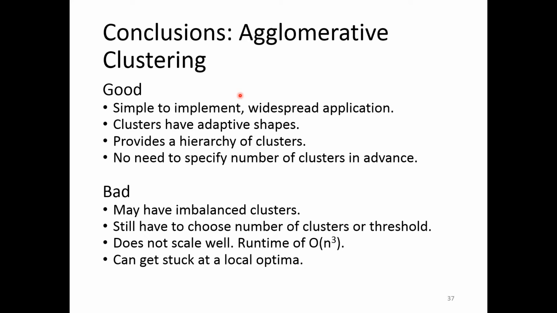The run time will be on the order of n cubed, where n is, in our case, the number of pixels. It can start with a local optimum, and of course we still need to choose the number of clusters, and may have some imbalanced clusters. But of course the idea is simple and easy to implement, and so on, so it has some advantages.